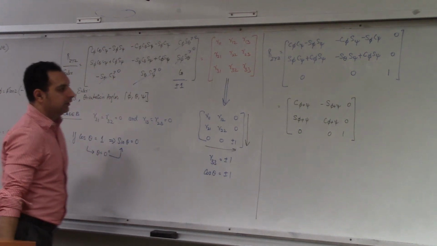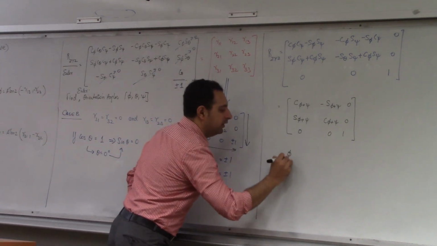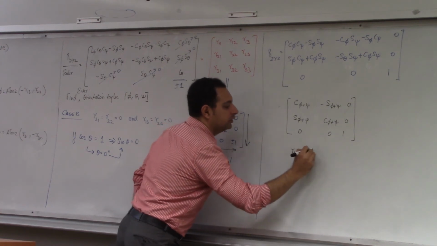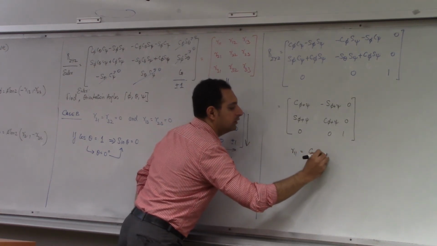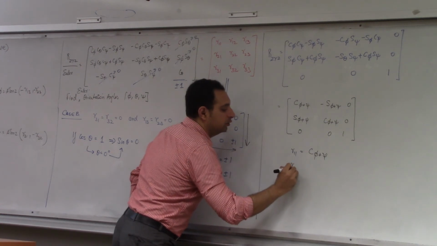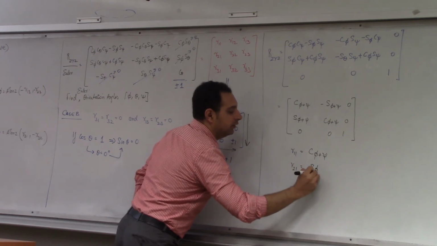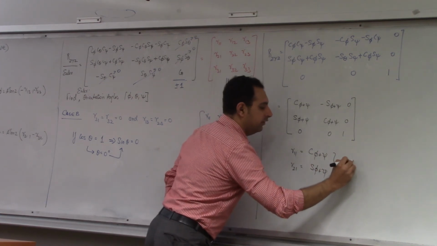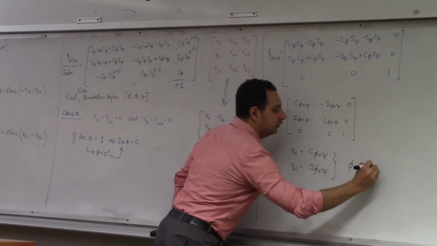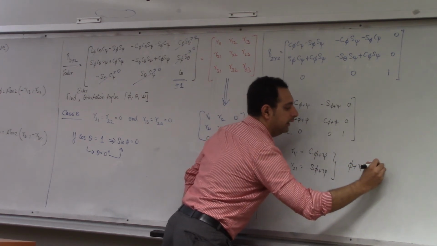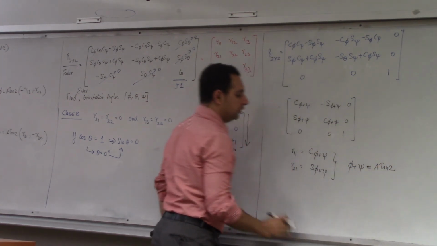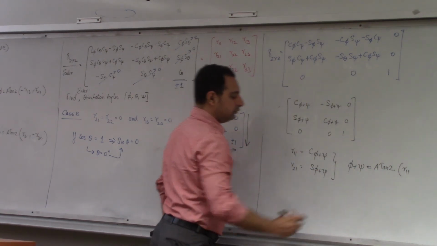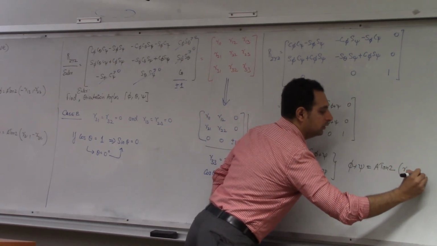So we can find phi plus psi. Let me write it like this: R11 is cos phi plus psi, R21 is equal to sin phi plus psi. So here you will have phi plus psi, which will be equal to the arctan of R21 over R11.